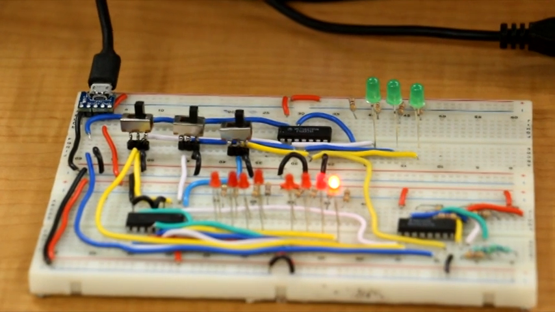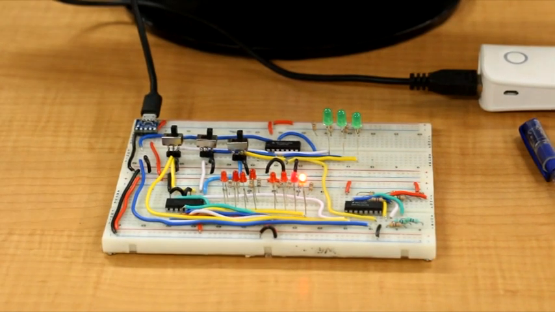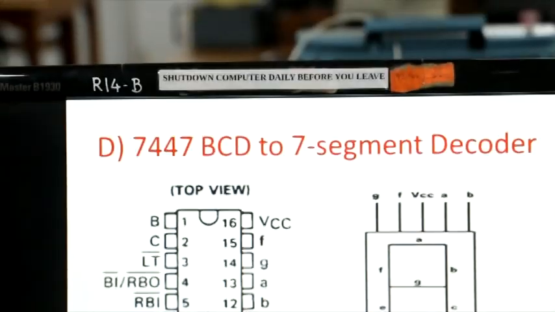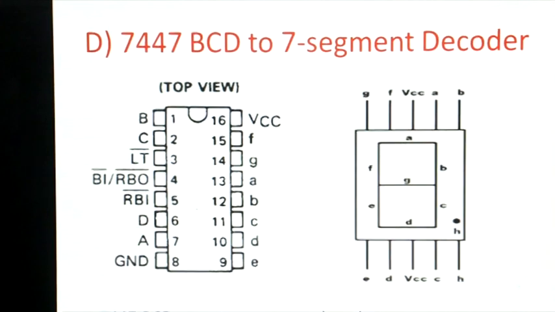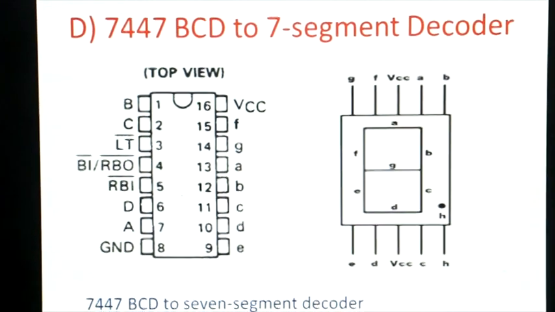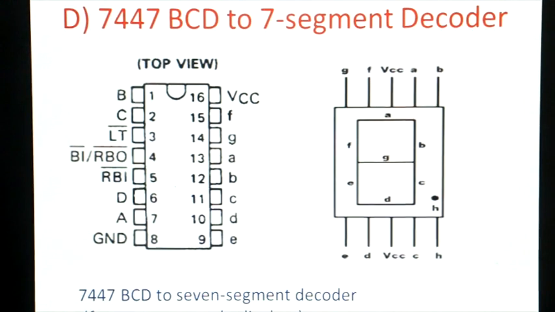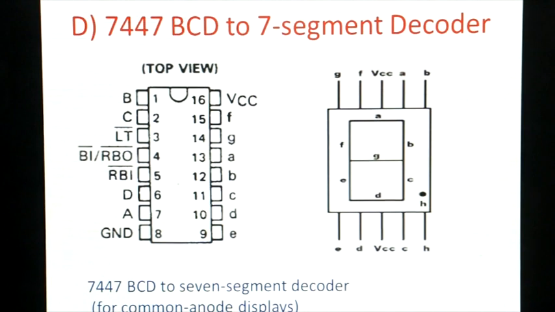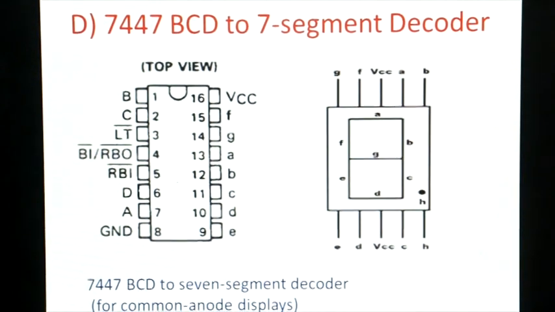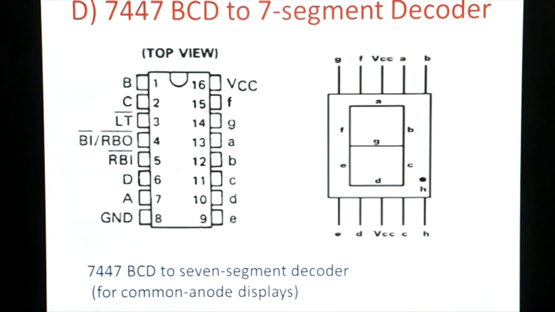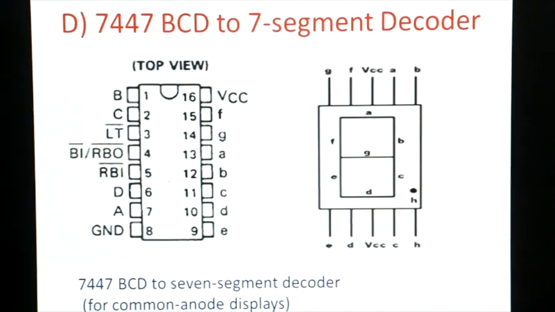So we'll go to the last decoder, which is extremely important and a very commonly used decoder, the BCD to 7-segment decoder. In BCD, as you know, BCD stands for binary coded decimal. Decimal digits go from 0 to 9, so in order to represent all the decimal numbers from 0 to 9, you need 4 bits.